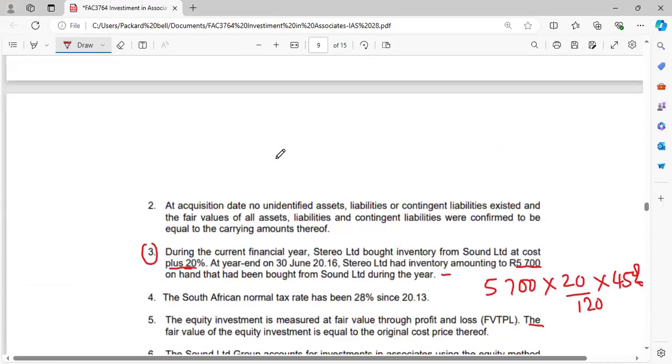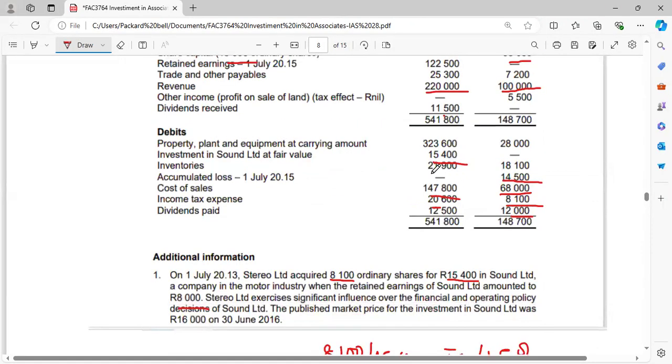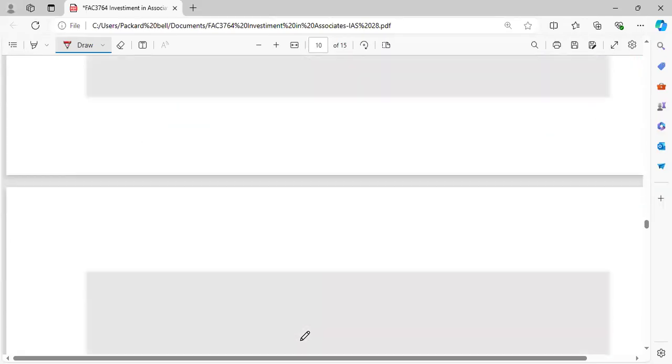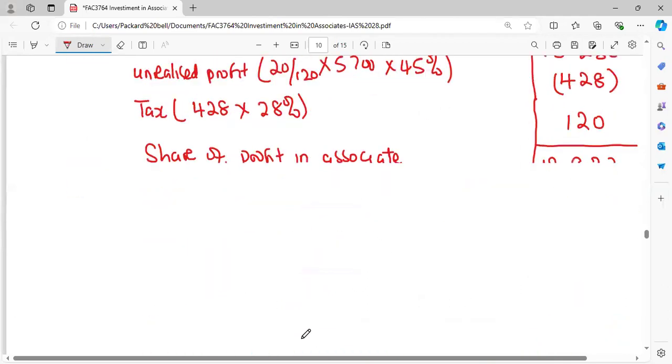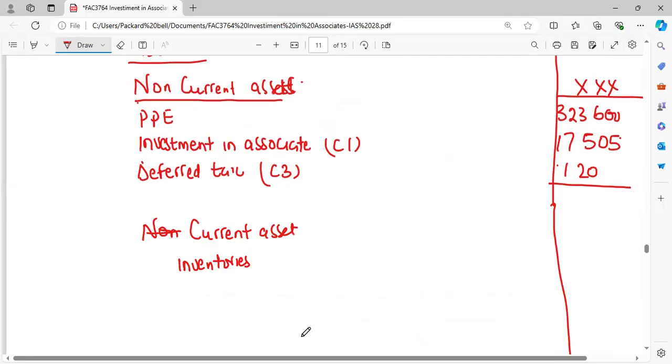The inventory line item, you only take for the investor, which is 21,900 minus the unrealized profit, which is 428.